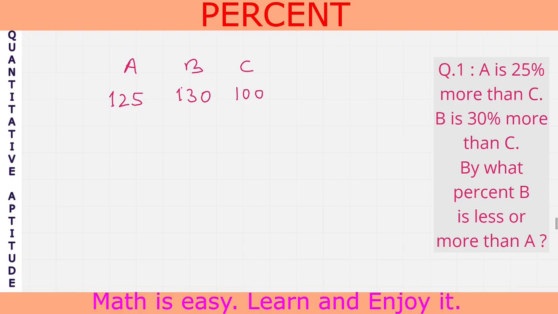Now we have to compare A and B, and find by what percent B is more than A. As it is written more than A, we have to have A in the denominator. Now B is 130, A is 125.